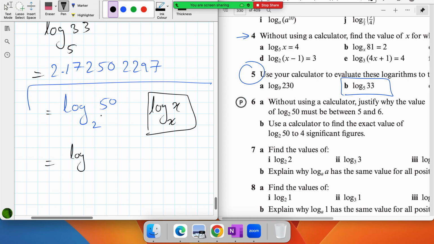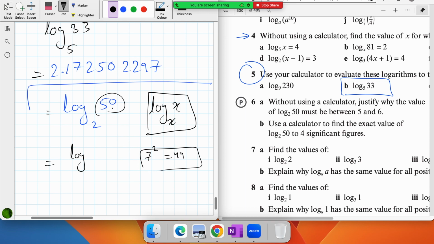So what can I do with this 50? If I try to change it, I can say 7 square is actually 49, which is close to 50. So I'm trying different numbers. Yes, Mohammed. Yes, this was the first guess.